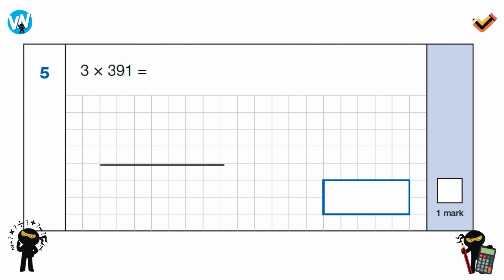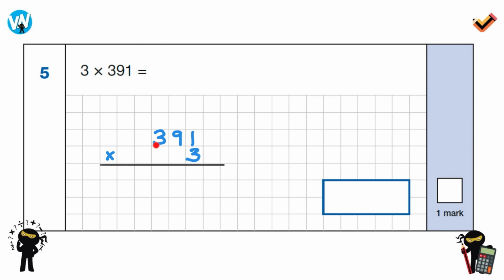Now this one is very like one of the examples that I did before. So again, we've got a 3-digit number multiplied by 3, and again, I would just expect us to confidently drop into this question. So 391 times 3. Now again, the key here is now we're working with 3 numbers or 3 digits, is that presentation is important.